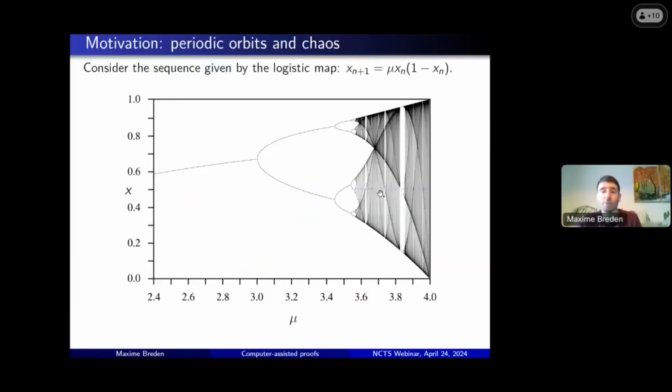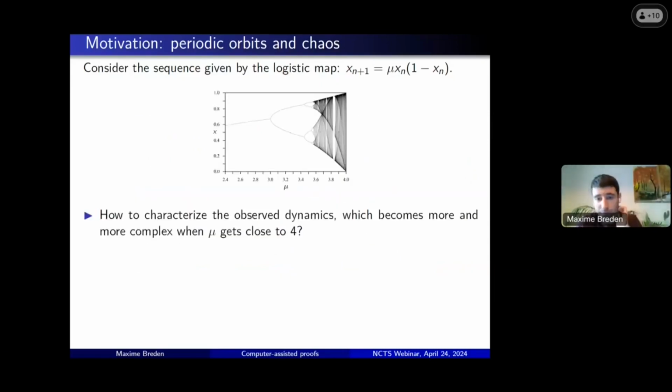And so maybe you would like to understand this better and to quantify a bit these complicated dynamics, and to prove that in some sense there is a lot of complex dynamics, a lot of different solutions that can appear when mu is close to 4. There is actually a well-developed mathematical theory for that, which is not going to be the main focus of this talk. It's just the notion of chaos.